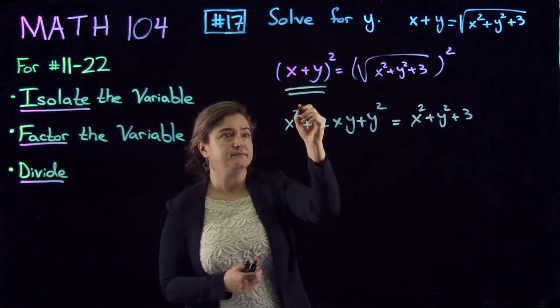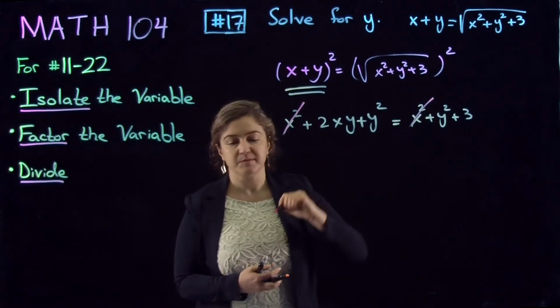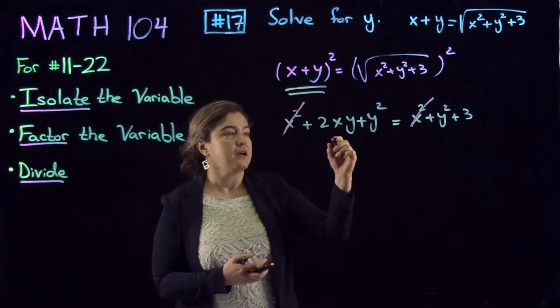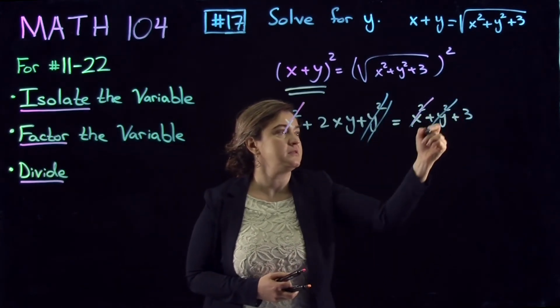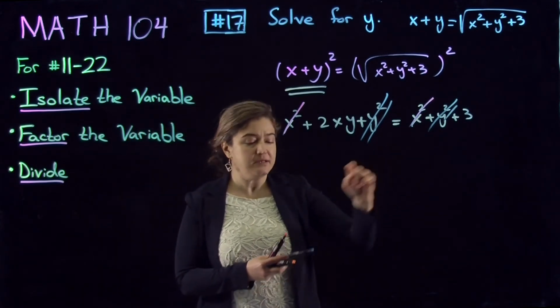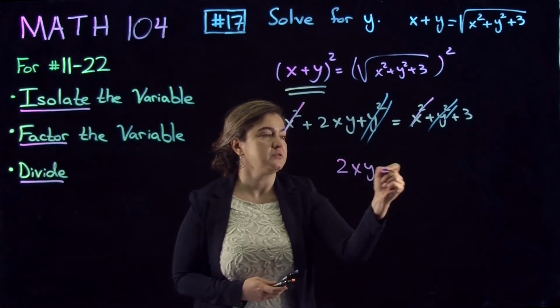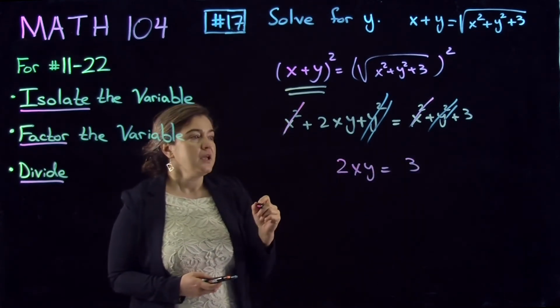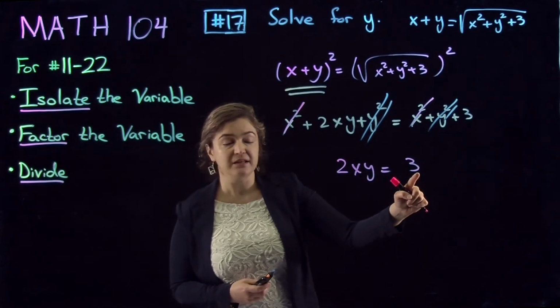This term and this term simplify together, and these two terms simplify together, and we end up with 2xy equal to 3.